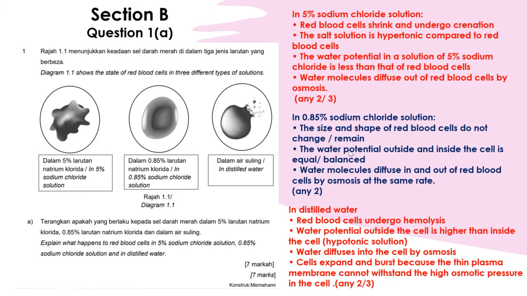The water potential outside and inside the cell is equal. And the water molecules diffuse in and out of the red blood cell by osmosis at the same rate.